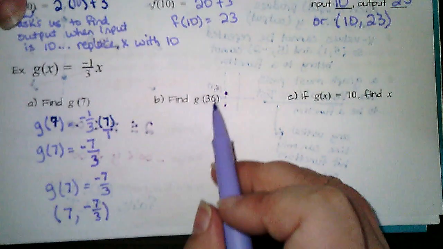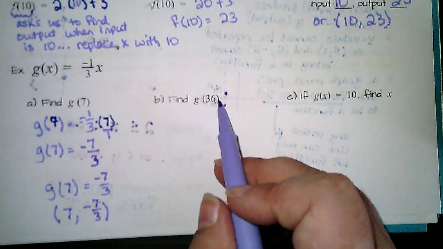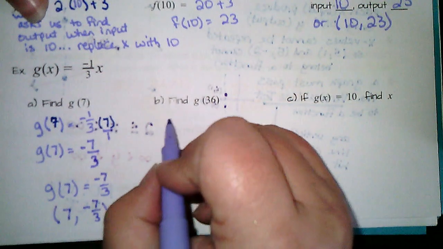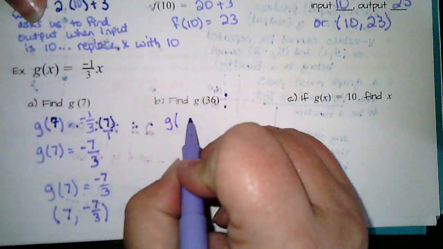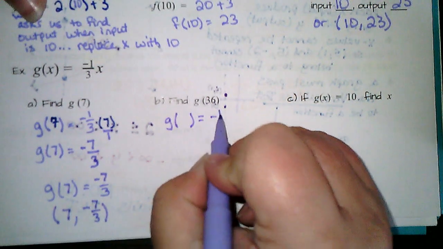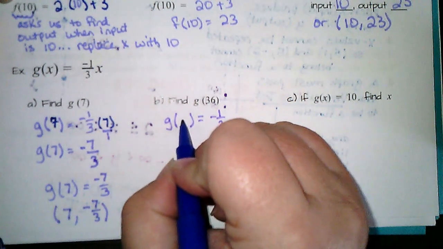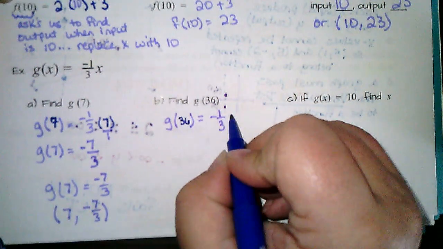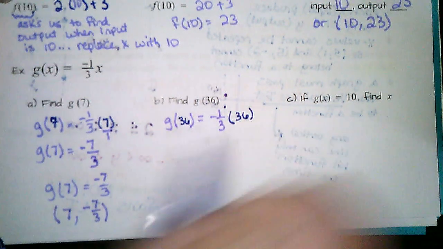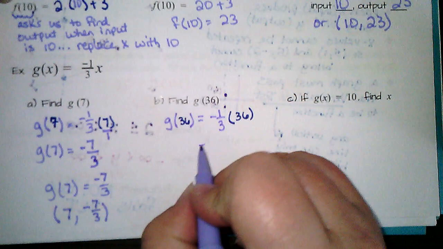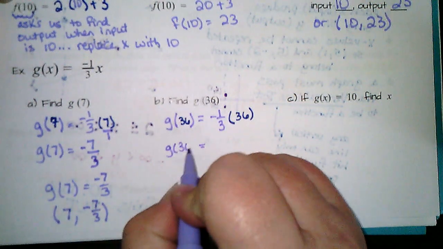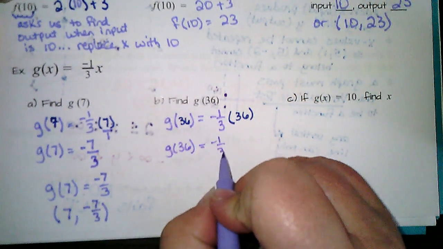Okay, next one says find g of 36. Same thing, g of 36, and we're going to put the 36 everywhere we had an x. So 36, 36. Okay. g of 36, and I have negative 1/3.